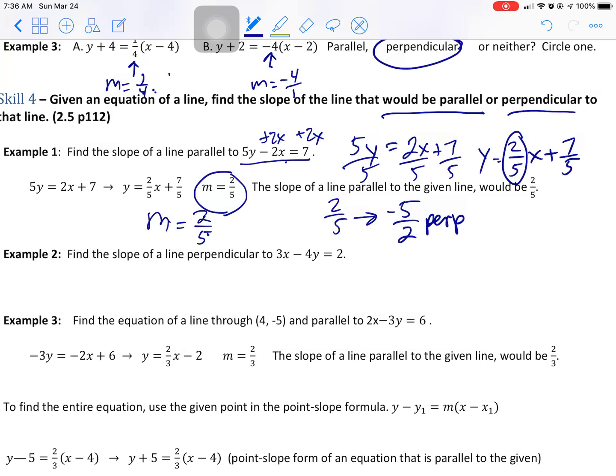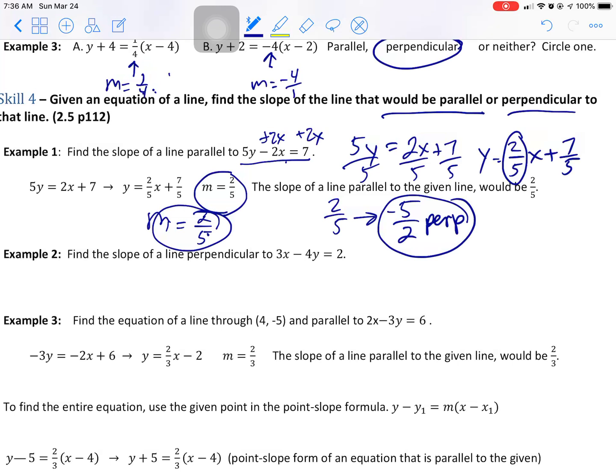I'm going to have some more hot tea in just a second. The slope is 2 over 5. A line that is parallel to that slope would have the same slope. Okay. If it was perpendicular, it would have an opposite and reciprocal.